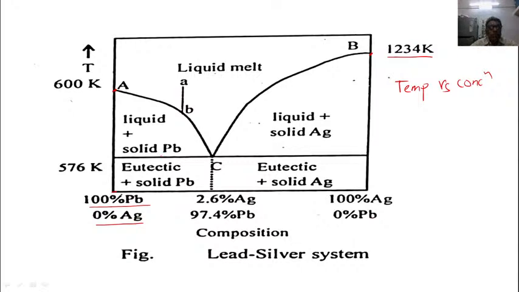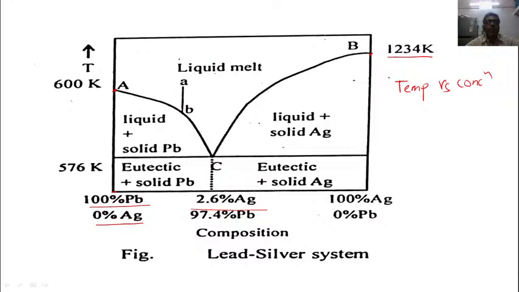But now as we are moving from this side to this side, the percentage of lead goes on decreasing and the percentage of silver goes on increasing. Okay, so let us now explain this diagram.